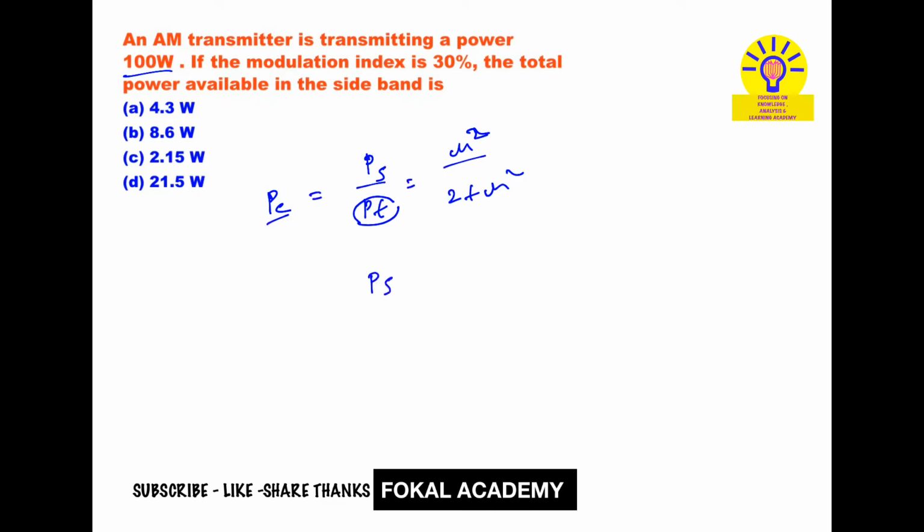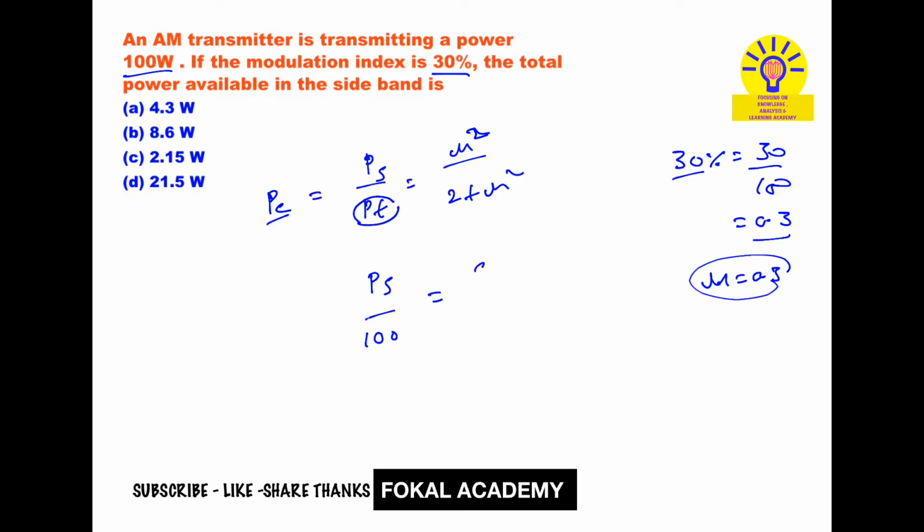So sideband power by 100 watts is equal to, so modulation is given as 30%. So 30% can be written as 30 by 100, that is 0.3. So mu is equal to 0.3. So substitute here 0.3 square divided by 2 plus 0.3 square.